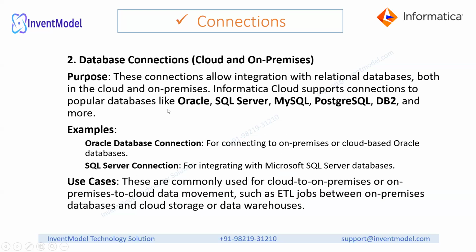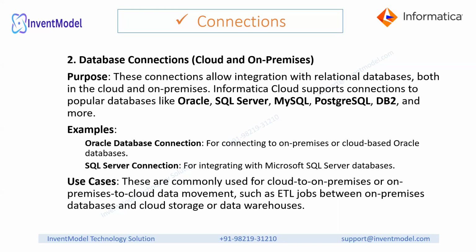The second connection type we have is the database connection. A database can be hosted on the cloud, and it can also be hosted on-premises. The purpose of this database connection is that these connections allow integration with relational databases, both in the cloud and on-premises.